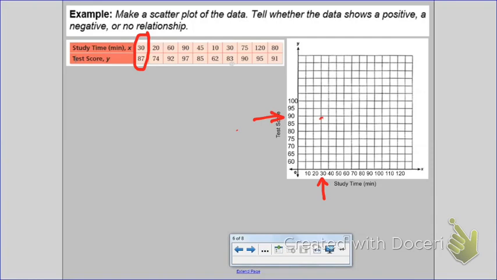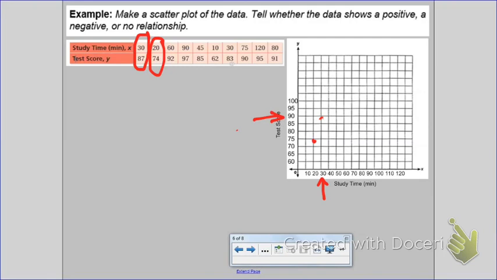So there's my first dot at 30, 87. Our next point is 20, 74. So we're going to find 20 on the x and 74 on the y, and then I'm going to put a dot at 20, 74. These are just coordinate pairs that we're plotting on the graph. Go ahead and continue plotting yours as I plot mine.